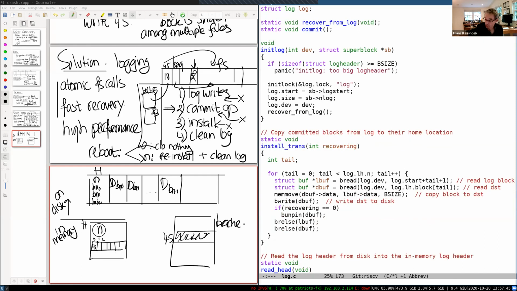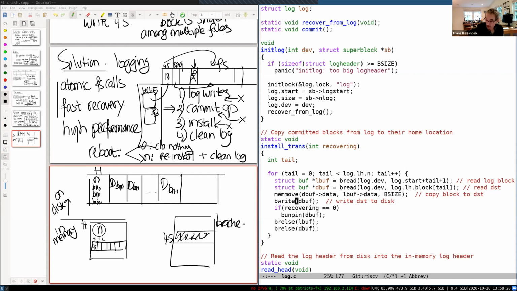It has a copy of the log header, and it reads the log header. It reads the destination block, the home location, copies the data from the log block into the destination, and then writes the buffer to the destination. So effectively, going back to this previous slide, it just does these copies from the log into the home location in the file system.